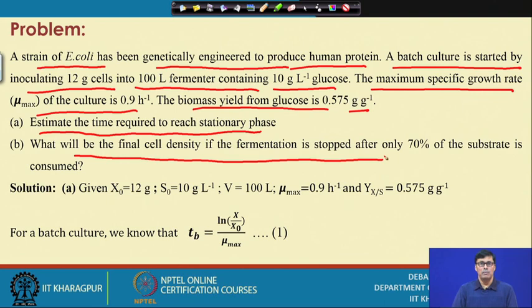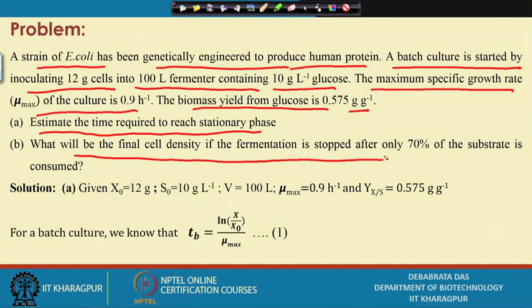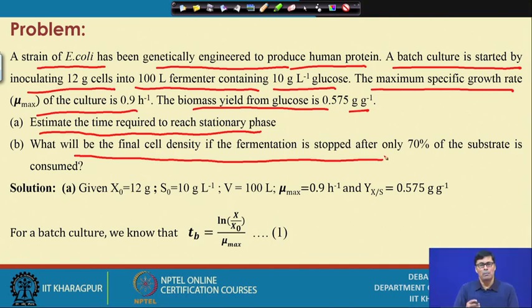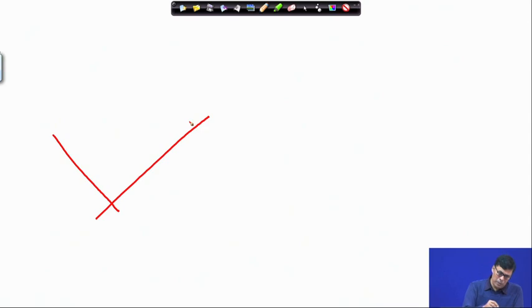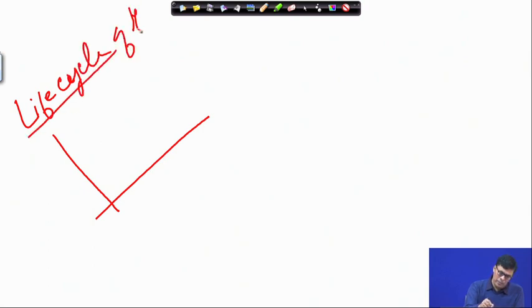So, this is very typical. This is a common problem with the batch process, that we are interested to know how much time is required for attaining the stationary phase. I can explain it like this. If you know the life cycle of the cell, X is the cell mass, viable cells, and this is time.